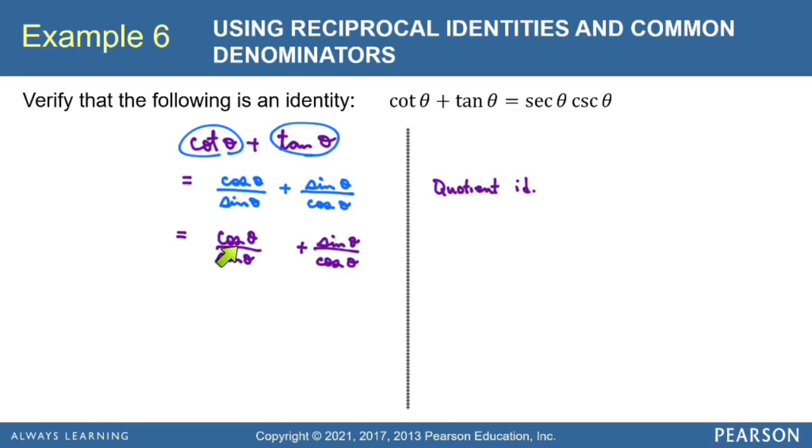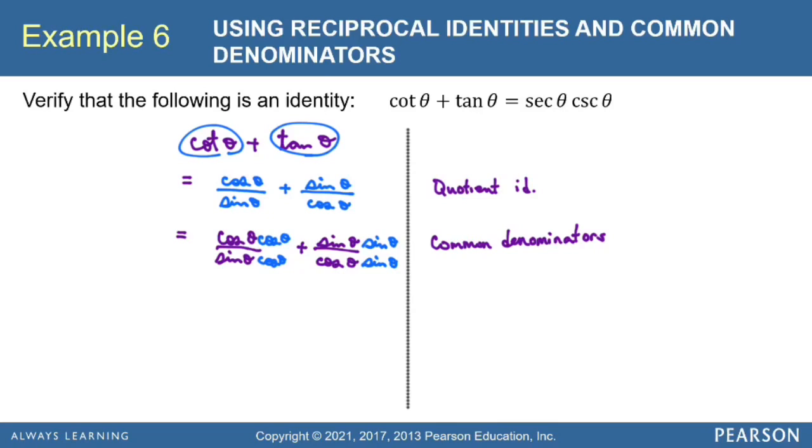I'm going to multiply this first fraction by cosine of theta over cosine of theta. Now the second fraction has a cosine but not a sine, so I'm going to multiply this second fraction by sine of theta over sine of theta. Over here on the right side, I'm just going to justify my thought process by writing out that I got a common denominator. Okay, now you can see that both denominators are sine of theta times cosine of theta.